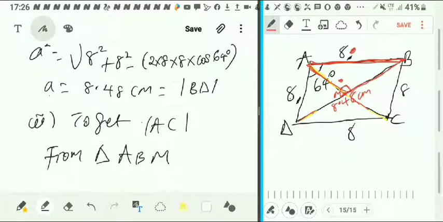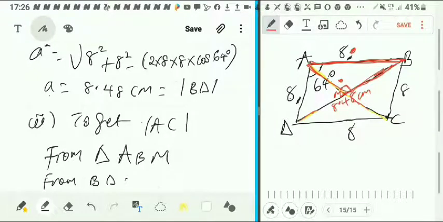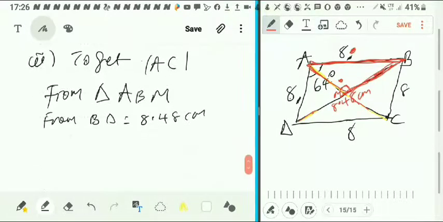And I know this side, we've gotten BD equal to 8.48 cm. Then BM is equal to what?